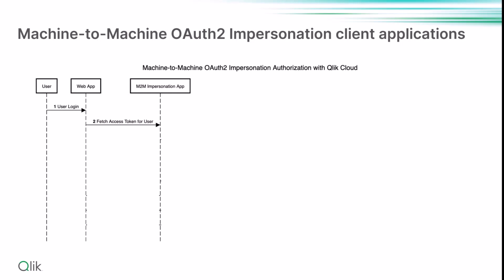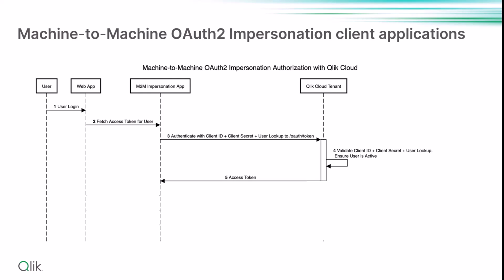This function will contact the trusted backend server, which will ask the Qlik Cloud tenant for an OAuth token on behalf of the authenticated user by passing in the request the client ID and client secret of the OAuth integration created before from the management console, together with the user ID of the user who needs the token.